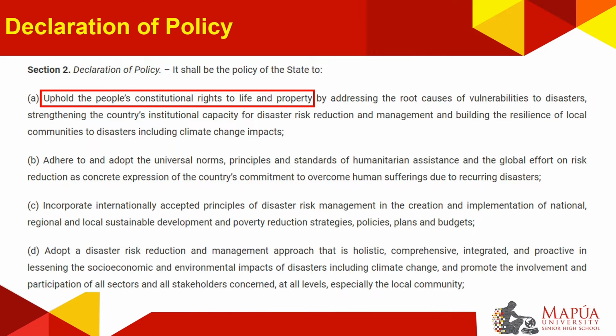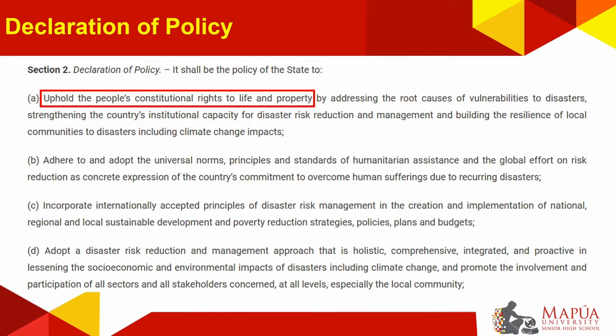And the policies within this law enact to uphold our rights to our own life and to our properties by addressing the root causes of vulnerabilities to disasters, strengthening the country's institutional capacity for disaster risk reduction and management, and building the resilience of local communities to disasters, including climate change impacts. All of which will be described in more detail as we read throughout this Republic Act.